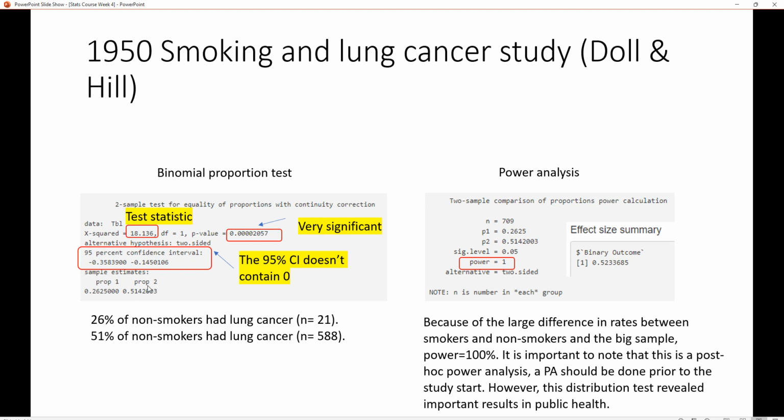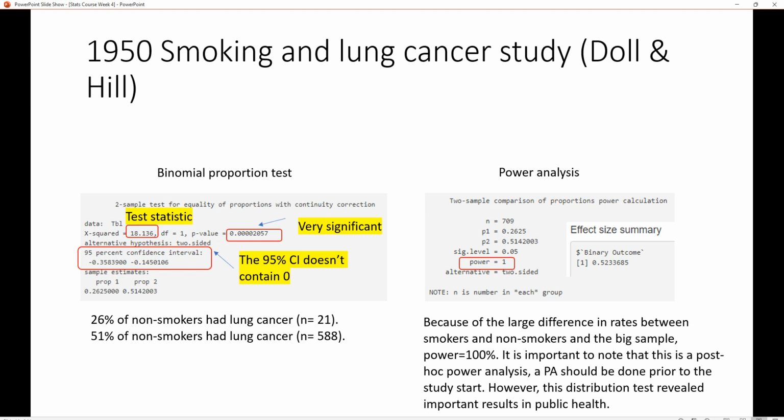This was a sample in which there were about 1,400 patients at a hospital. They identified 709 patients with lung cancer and another 709 who didn't have lung cancer.